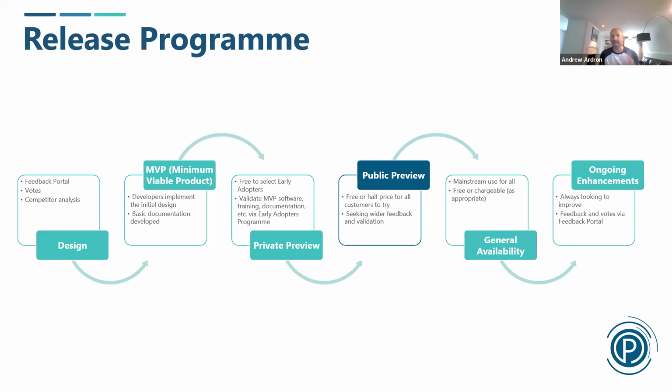And obviously they give us feedback which goes back into the product and the documentation. And then once that's complete and we're comfortable that we haven't completely missed the mark, and that we've got something of real value, then we open that up to public preview, and that's the stage we're at.